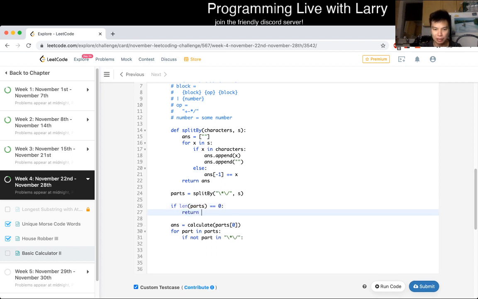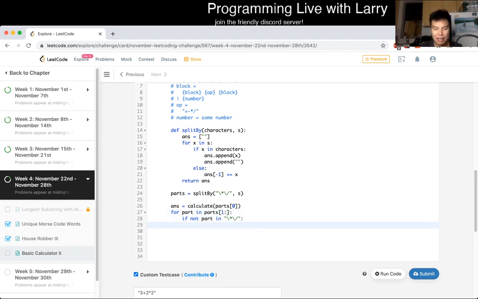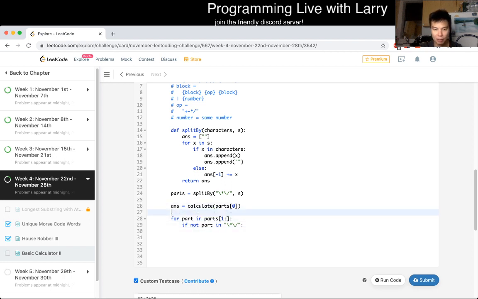I guess this is still good. And then now we could just do it from the up. If that's not in it, then we want to take the, let's also just do last operator.